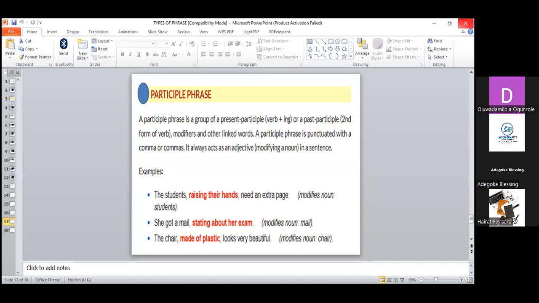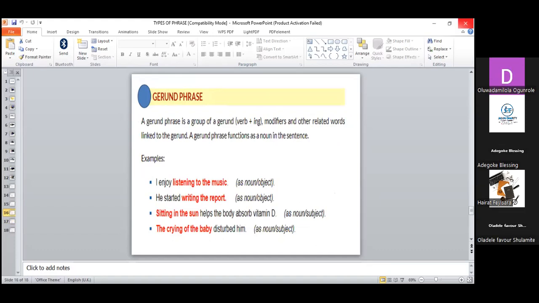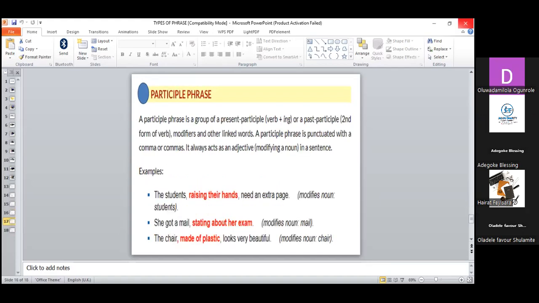Now, I don't want you to mistake this for a gerund phrase. A gerund phrase is used as a noun in a sentence. That is, it could be used at the object position or at the subject position. But a participle phrase is used mainly as an adjective. It will modify a noun, it will give us more information about the noun.